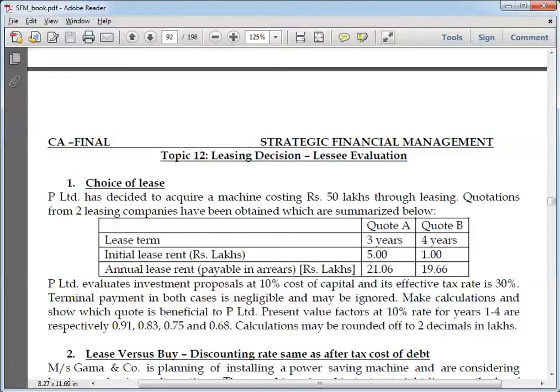Okay, in question 1, they have given details of 2 quotes. So it's not a lease versus loan. Evaluate quote A separately, quote B separately. We are required to find out; both are lease options only.